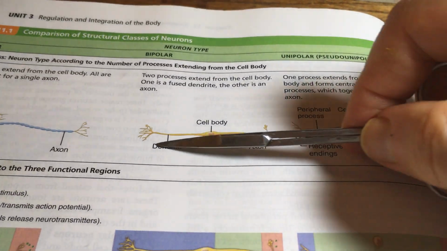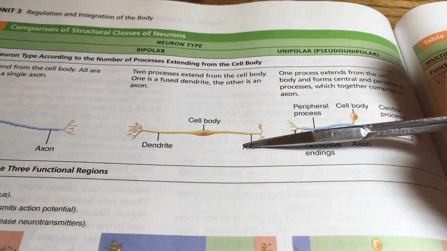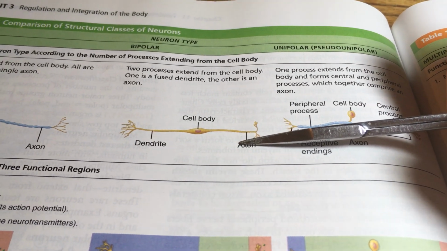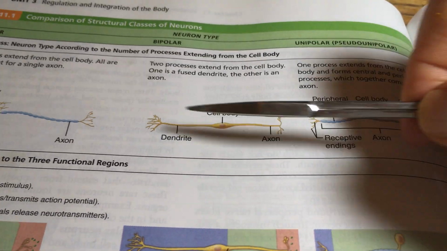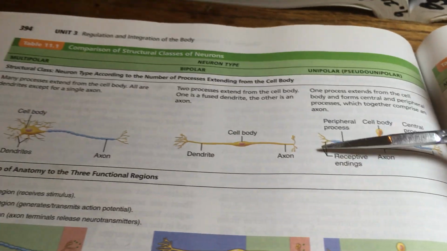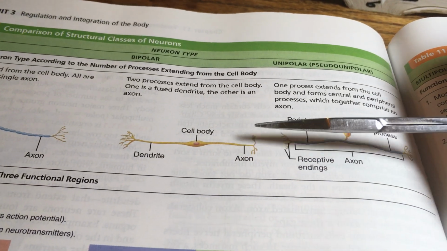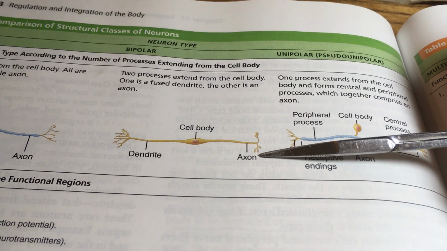Then we have a significant number of these bipolar cells, and what they do is they take information and then transfer it usually to a cell like this. Okay, so these transfer little bits of information over short distances.